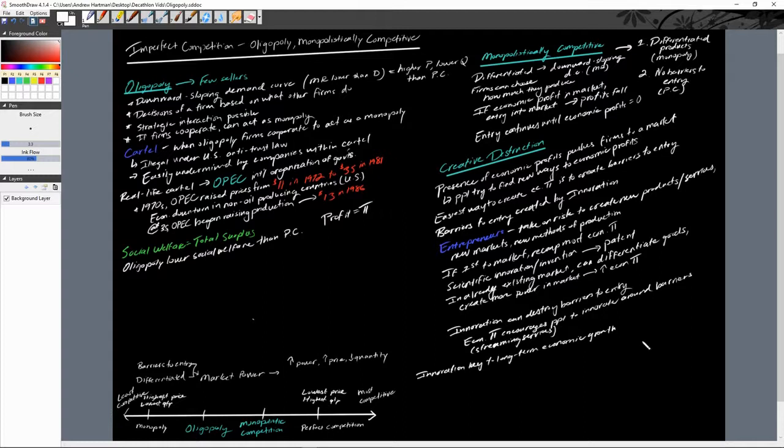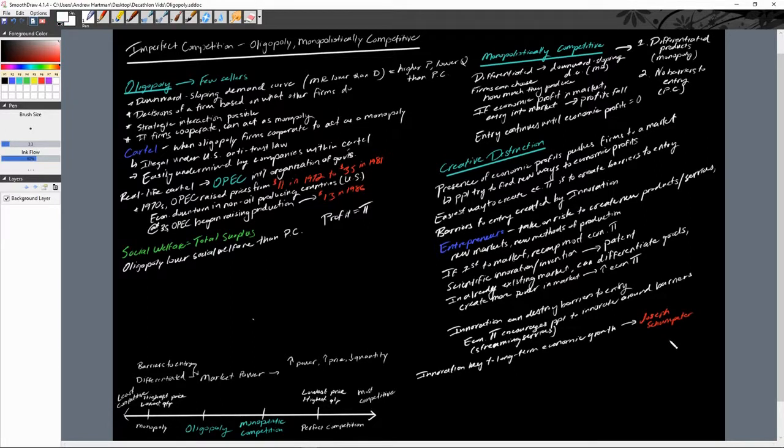And this whole concept is really summed up nicely by one man who you need to know. So I'm going to put his name in red. Joseph Schumpeter, or Schumpeter. I do not know how to say his name.